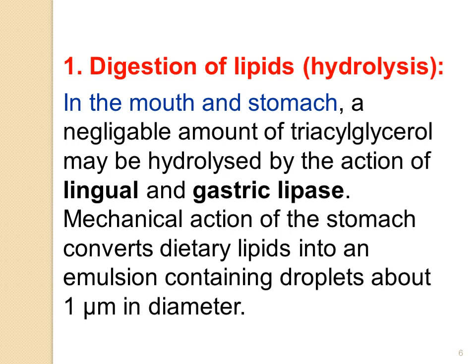Mechanical action of the stomach converts dietary lipids into an emulsion containing droplets of about 1 micrometer in diameter. إذن في the mouth والـ stomach هي negligible amount of triglyceride will be digested. إذن ليش؟ لأنه الوسط اللي موجود بالستومك هو وسط حامضي، وعندنا الإنزيم اللي هو اللايبيز يشتغل في الوسط القاعدي، فإذا كمية ممكن أن نعتبرها غير موجودة أو مهملة من الليبيد ممكن أن تنهضم في داخل الاستومك. لكن حركة الاستومك تساعد في أن تحول هذه الليبيدز إلى emulsion مكون من droplets من قطرات الدايمتر مالها حوالي 1 micrometer in diameter. إذن هي تفكك أو تجزء الليبيد إلى small droplets.